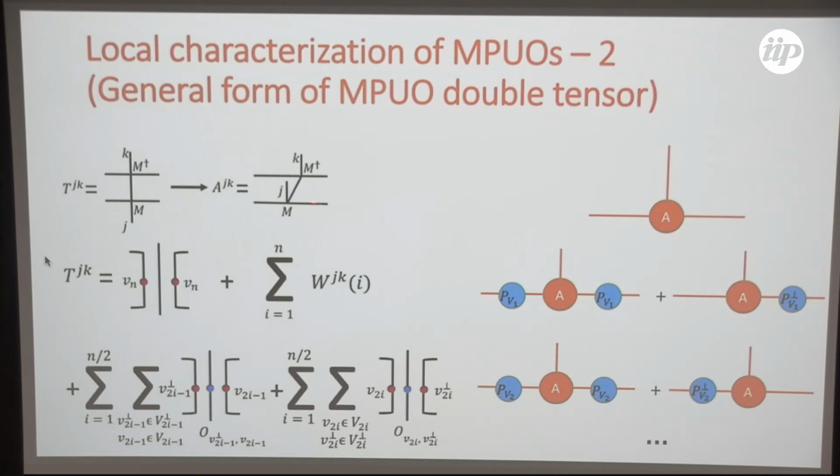So either we will be in the support of this positive fixed point, P_V1, or we will be in identity and P1 perp. So there won't be any P1 perp, P_V1 perp, P_V1 term.